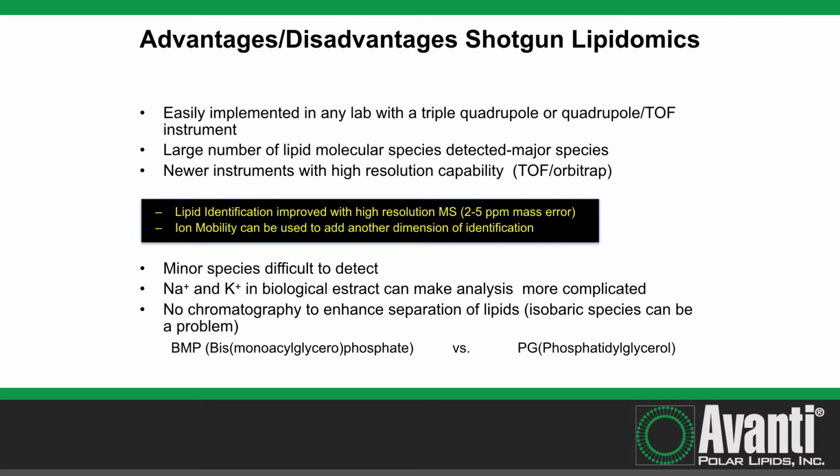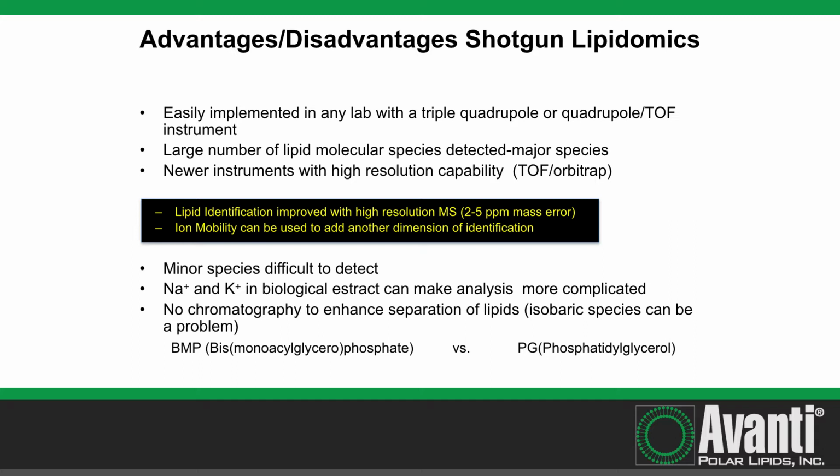So the lipid identification is improved with these high resolution machines when you can get mass accuracies of 2 to 5 parts per million mass error. Another interesting advantage is ion mobility. This is a newer technology, and it can also be used to improve your identification of lipids with the shotgun approach.